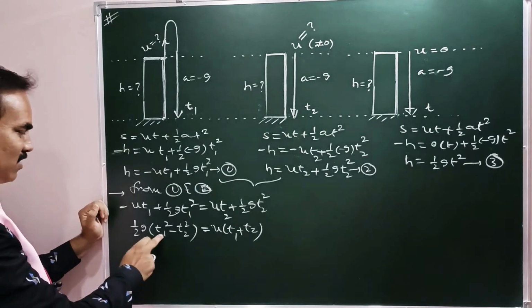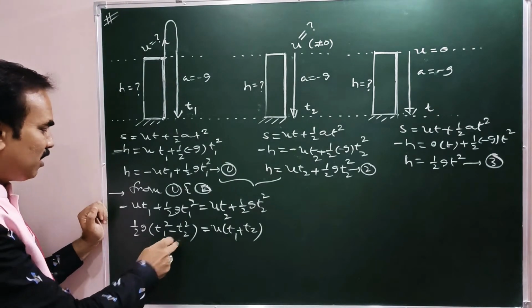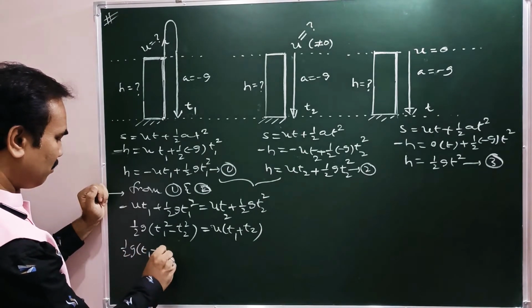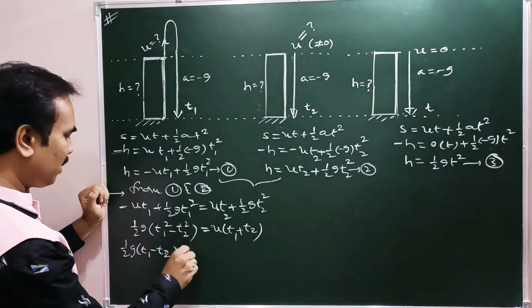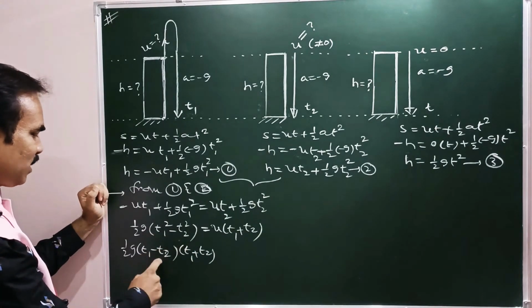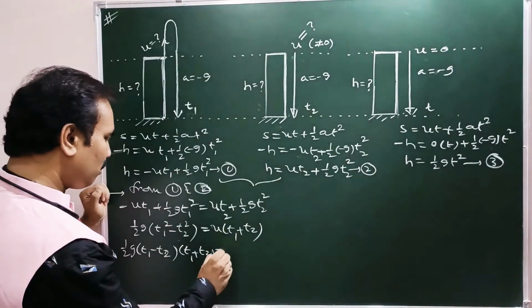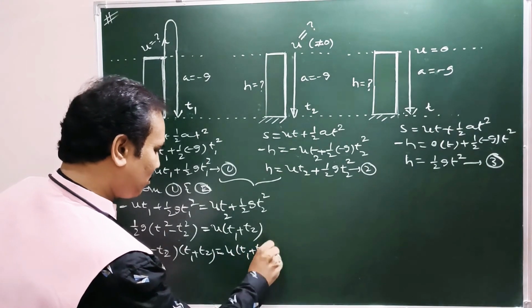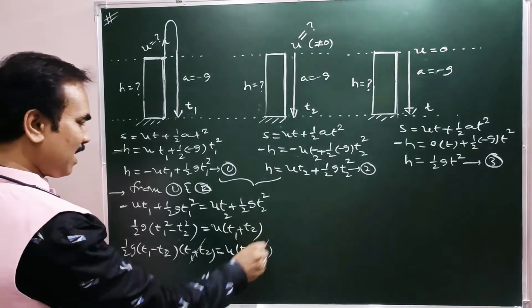Now this is of the a square minus b square form, that is a minus b into a plus b, that is half g into t1 minus t2 into t1 plus t2, equal to u into t1 plus t2. So t1 plus t2 cancel on both sides.